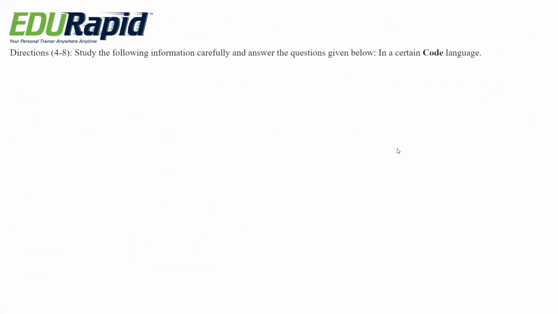Next question. For the directions, question number 4 to 8, study the following information carefully and answer the questions given below in a certain code language. Work never goes waste is written as RB, MK, NI, TJ.